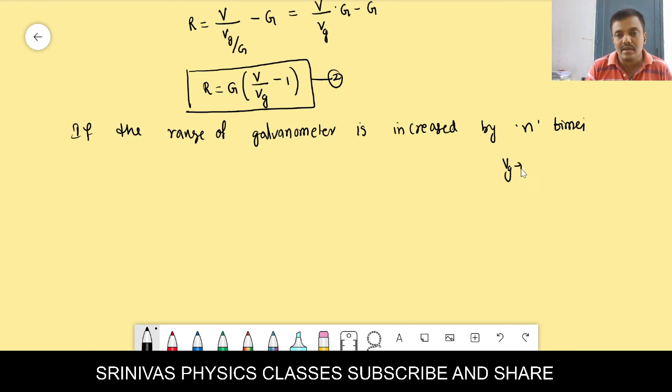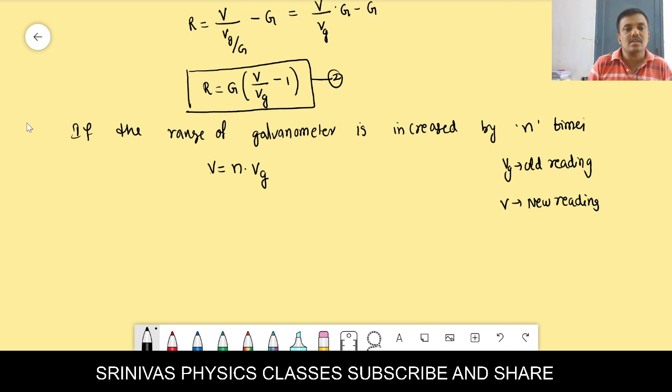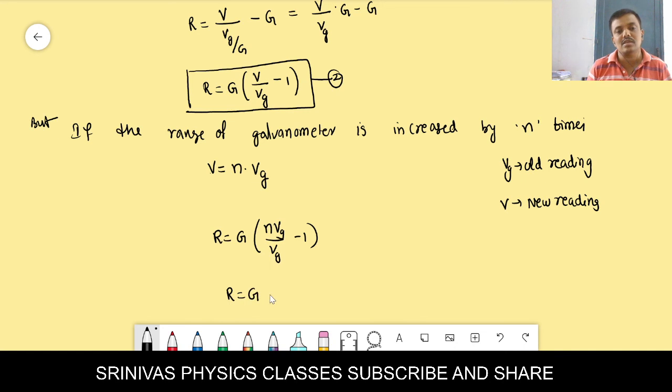Vg is the old reading measured by the galvanometer, and V is the new reading measured after converting it into a voltmeter. Then the voltage range is increased by n times. That means new range equals n times the old range. This we substitute in the above equation. Then we get R is equal to G into (nVg by Vg minus 1). Then R is equal to G into (n minus 1), or (n minus 1) into G, we can write.